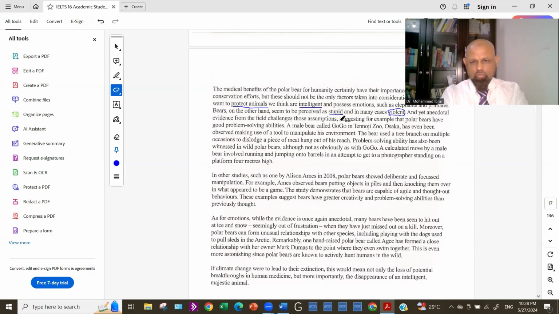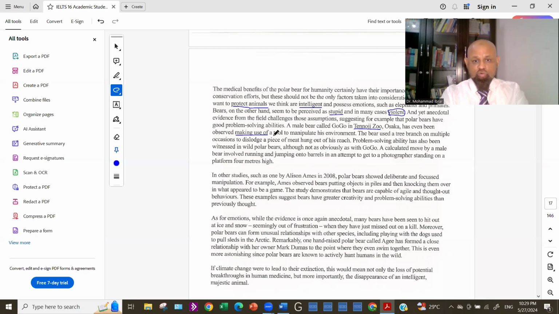You see here, Tennoji Zoo. A male bear called Gogo in Tennoji Zoo, Osaka, has even been observed making use of. So, making use of, it's a phrase. Now, making use of what? To manipulate.